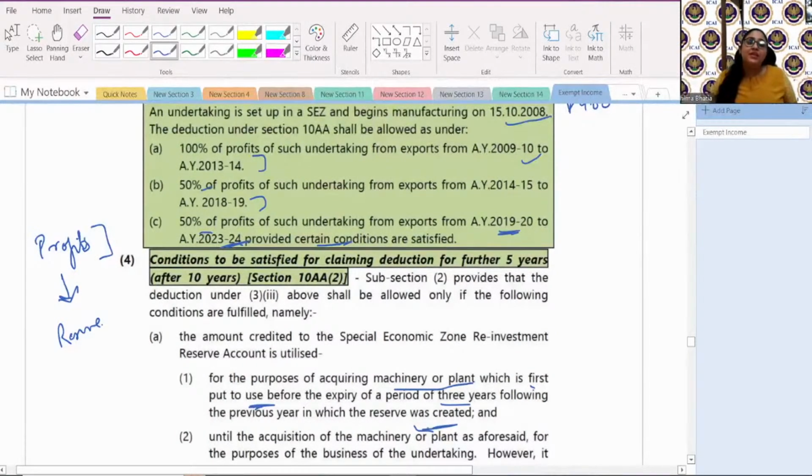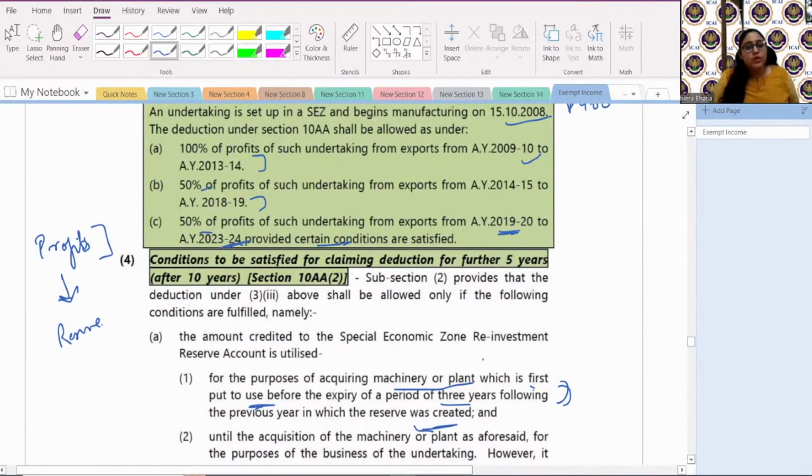So they want you to invest in a reserve. That reserve is invested in plant and machinery again. Because after 10 years, plant and machinery also get obsolete. So invest in new technology, in plant and machinery, and the period of reinvestment is within 3 years from creating that reserve.